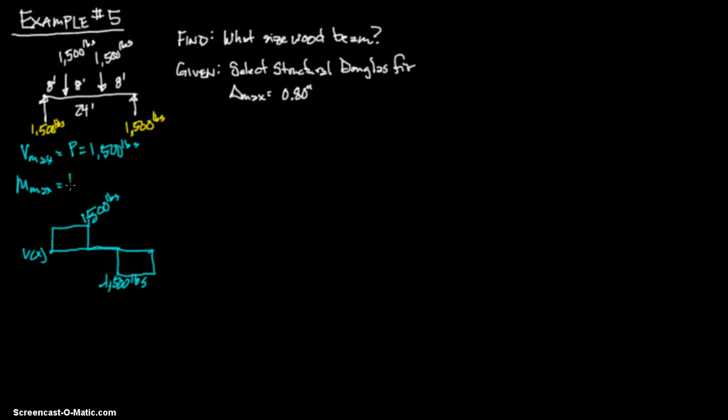So it's PA is what it says. So we say, okay, P is 1,500. That's what it says on the diagram. So that's 1,500 pounds times A, which is 8 foot, equals, get my handy calculator out, 1,500 times 8 equals 12,000 foot-pounds.